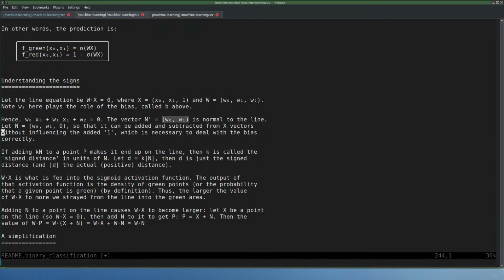x or p. So if adding kn to a point p makes it end up on the line, then k is called the signed distance in units of n. This still holds.